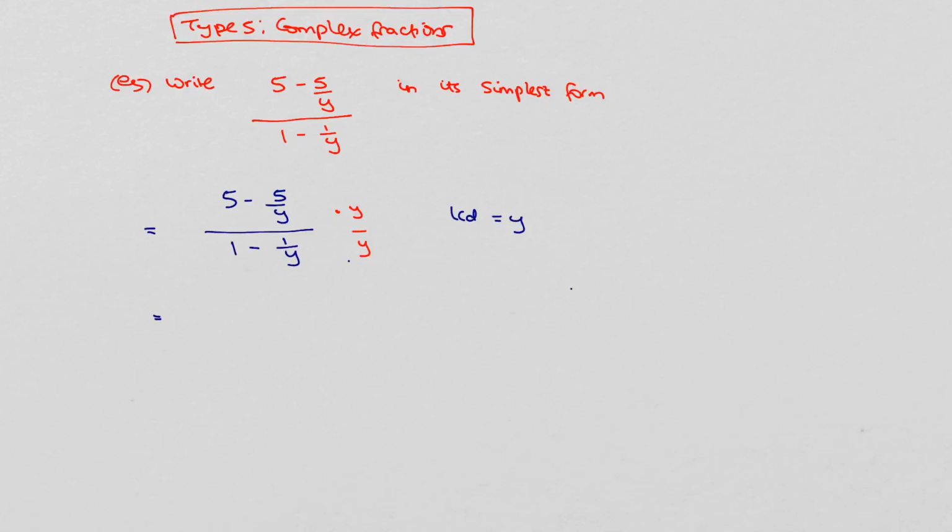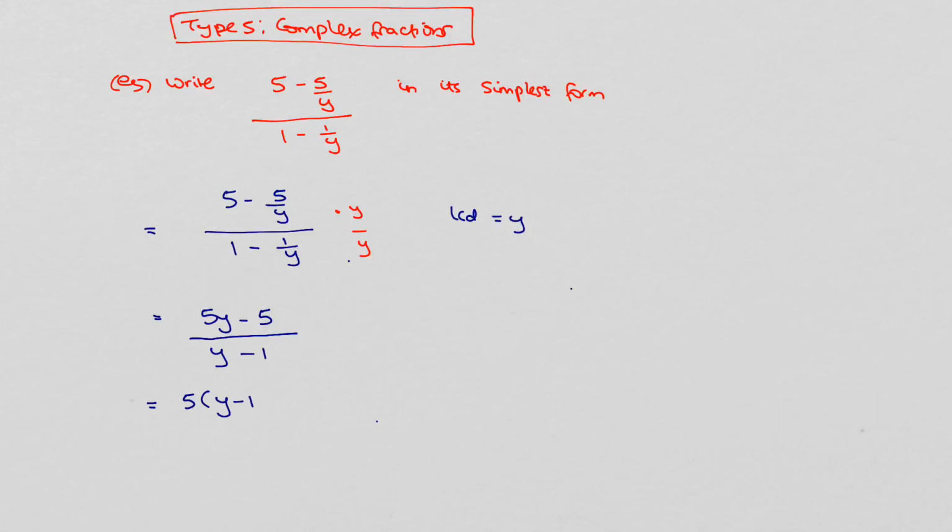So if I multiply the top by y, I get 5y − 5y over y, which is of course just 5. And on the bottom, if I multiply by y, I get 1 times y, which is y, minus y times 1 over y, which is of course 1. Now, this might look like it's simplified, but the top has 5 as a common factor.